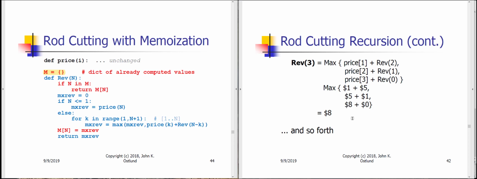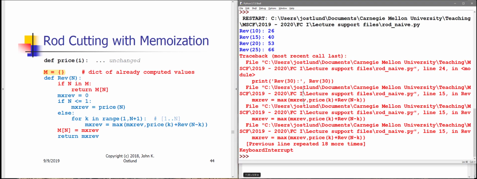Let's confirm that this version of the code with memoization is dramatically faster than the naive implementation without, even though they will eventually produce the same values. Here's what we got when we ran our naive version. $26 for a 10-foot piece of rebar that we cut up, $40 for a 15-foot piece that we cut up, and so forth.